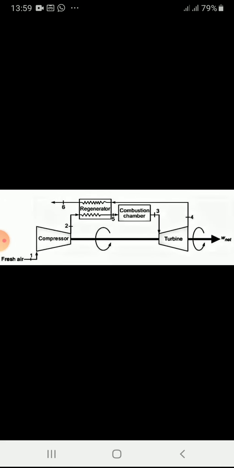Now we will see what regeneration is. Regeneration means heating the air from the compressor with the combusted gases from the exhaust, right? So the entire heat available for regeneration is Cp into T4 minus T2.